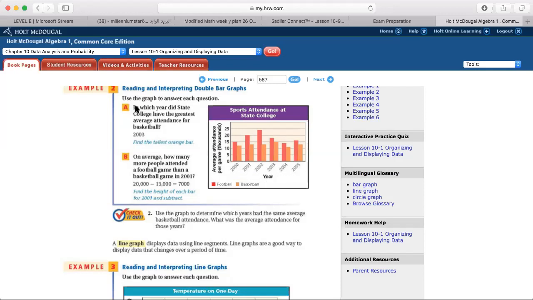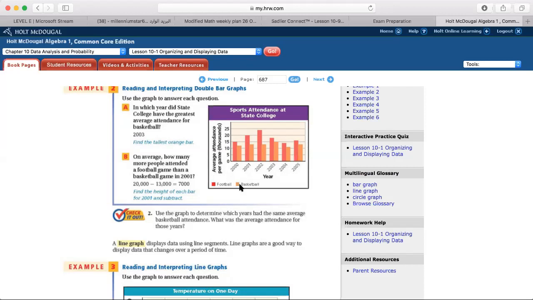Okay, so let's read the question again. In which year did State College have the greatest average attendance for basketball? So we are talking about basketball. Basketball is the light one, orange one. Let's call it the light one because colors here are different from my computer to the book.